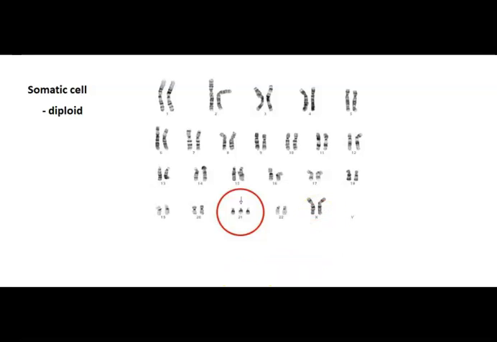So I know this person is female in body type. But I can also see in this area circled in red that I have 3 chromosomes where I only want there to be 2. That means this person has an abnormality called trisomy 21. You may know this as Down syndrome.